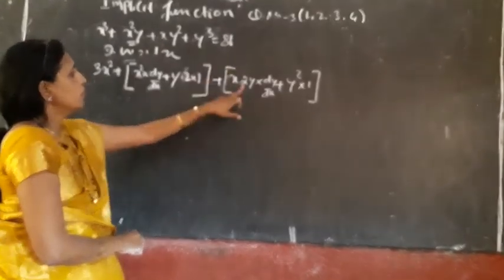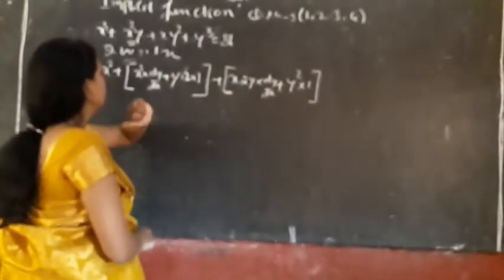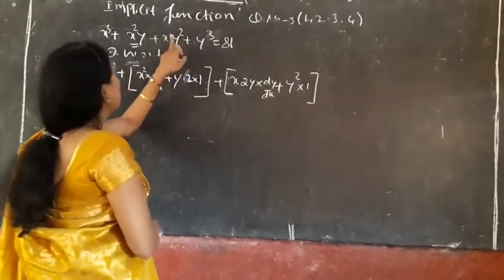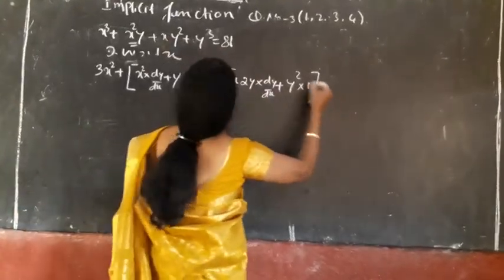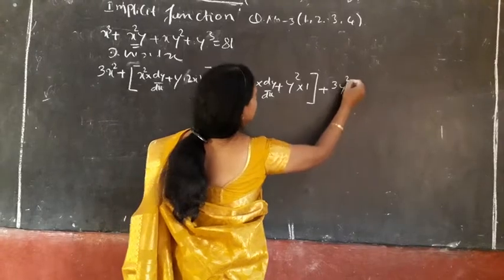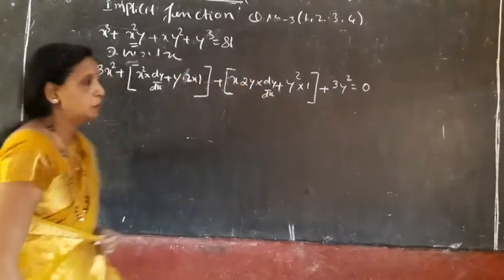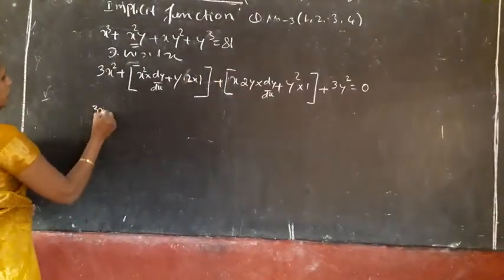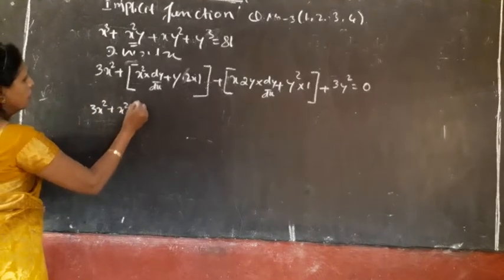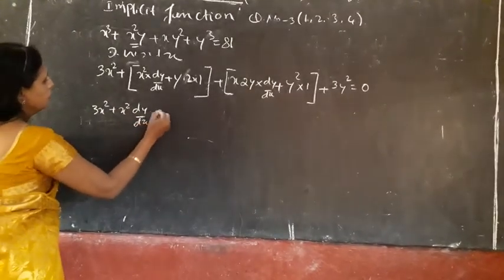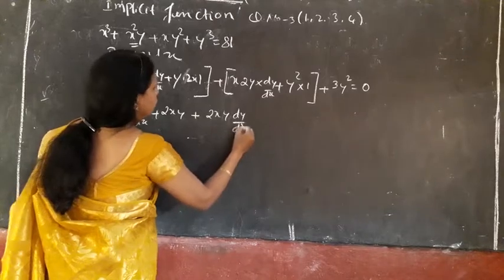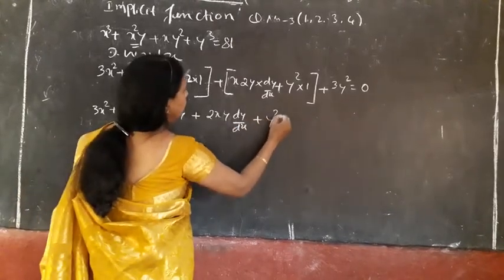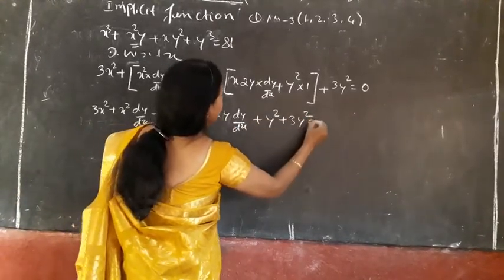Plus differentiation of y cube is 3y square dy upon dx, differentiation of 81 is 0. So simplify: 3x square plus x square dy upon dx plus 2xy, take the terms outside the bracket, dy upon dx plus y square plus 3y square dy upon dx equal to 0.